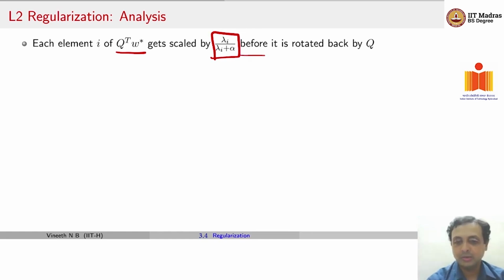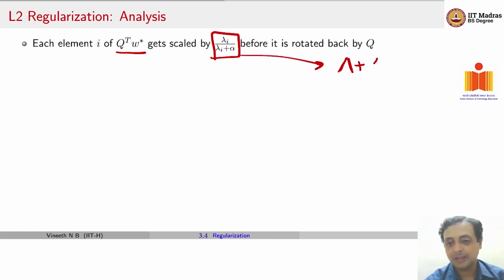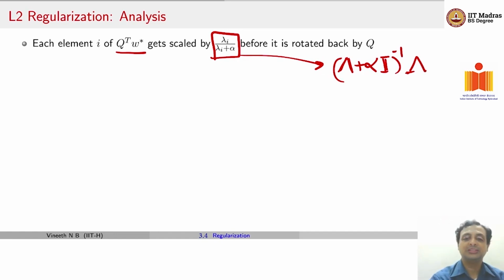How did we get this? We got this as one element of lambda, this is capital lambda, plus alpha I whole inverse lambda, which is what we had on the earlier slide. These are going to be diagonal matrices, so one of these terms will turn out to be lambda I by lambda I plus alpha.